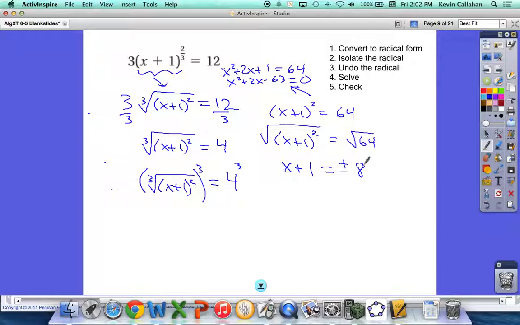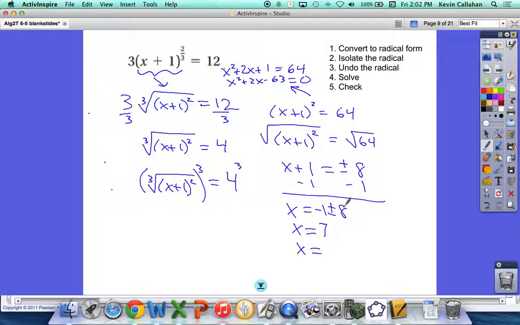Now, to solve for x, I need to subtract 1. So x equals negative 1 plus or minus 8. And that would give us negative 1 plus 8, 7.